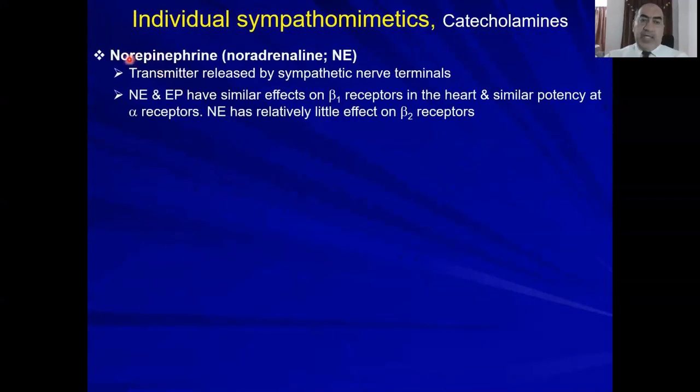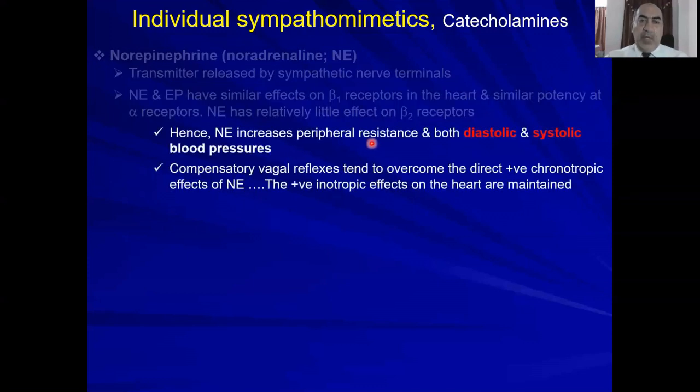The second drug is norepinephrine, also called noradrenaline. It's released by sympathetic nerve terminals. It's similar to epinephrine, except it has little effect on beta-2 receptors. Regarding blood pressure, it increases everything. It does not have an effect on beta-2. Remember, beta-2 was the one causing some confusion regarding adrenaline, which increases systolic but decreases diastolic.